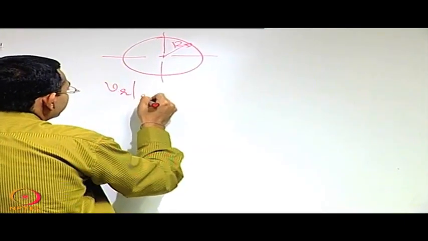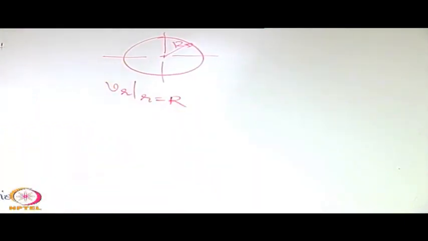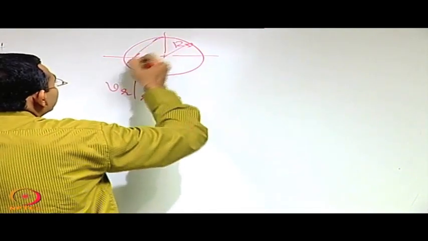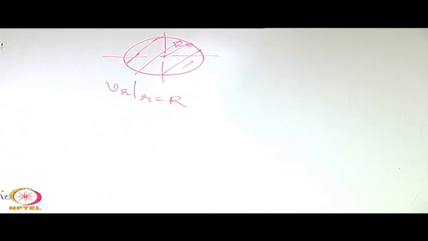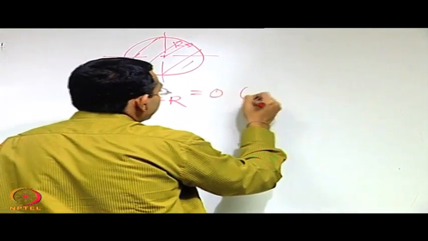So what is Vr at small r equal to capital R? This has nothing to do with the no slip. This should be 0 at small r equal to capital R, no penetration boundary condition. So there is a circular cylinder on which fluid is flowing, so fluid should not penetrate the circular cylinder. So you can clearly see that at small r equal to capital R, Vr is 0. So no penetration is satisfied.